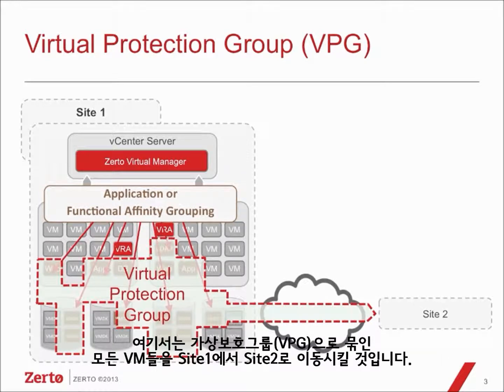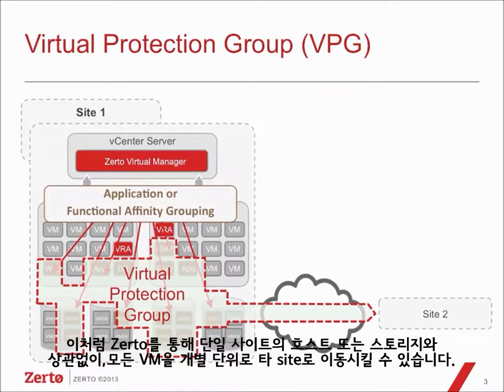And in this case, we want to move all of those VMs to Site 2 from Site 1. So regardless of the storage or the host at the source site, I can still move all of those VMs in a single unit to another site.